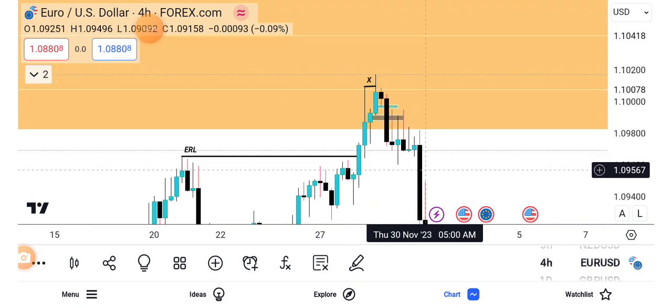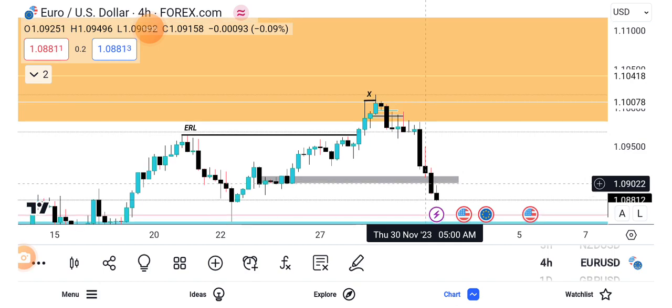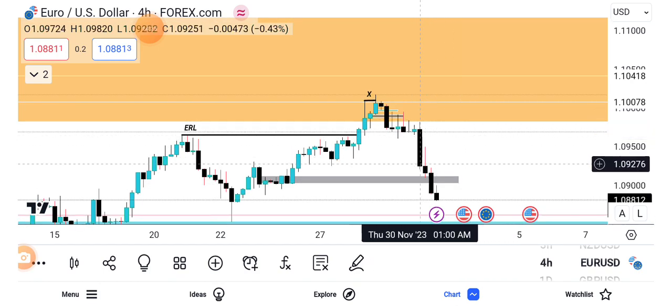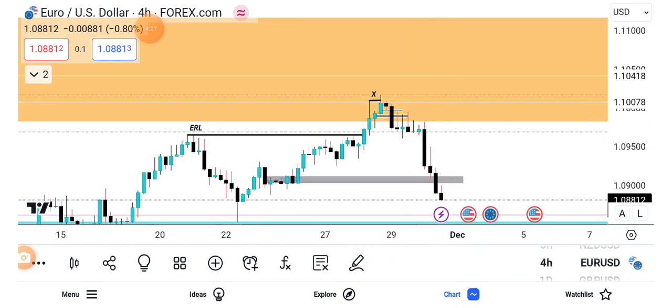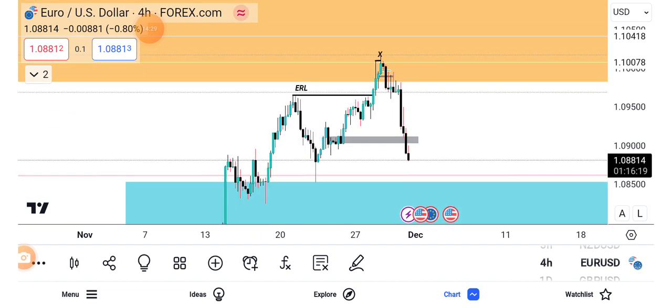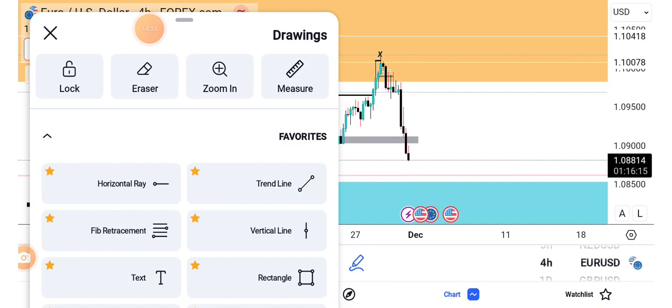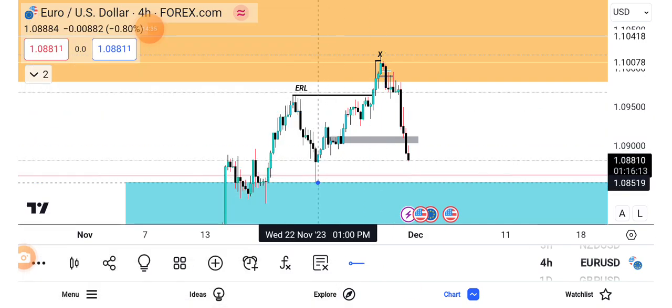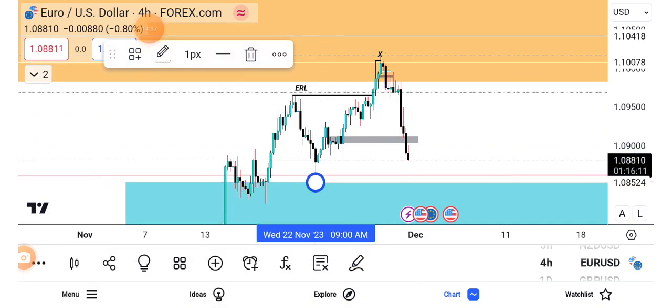Then these up-close candles, then a large retracement lower with a fair value gap left there. So yeah, also this external liquidity will be a target.